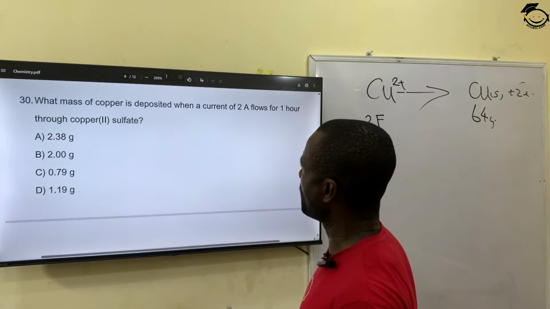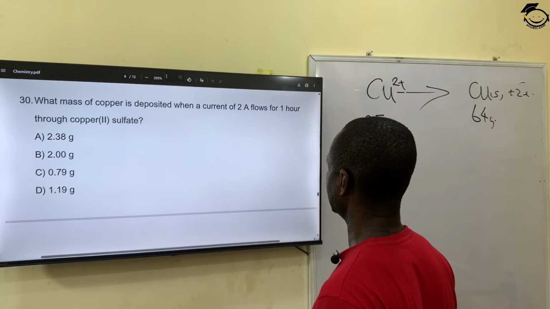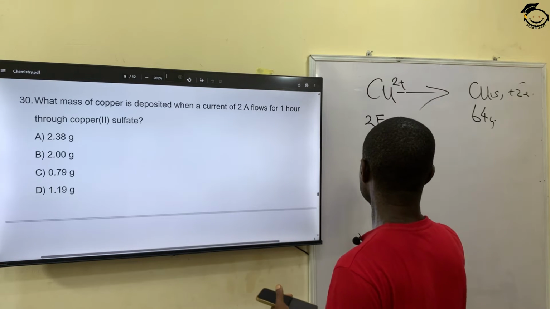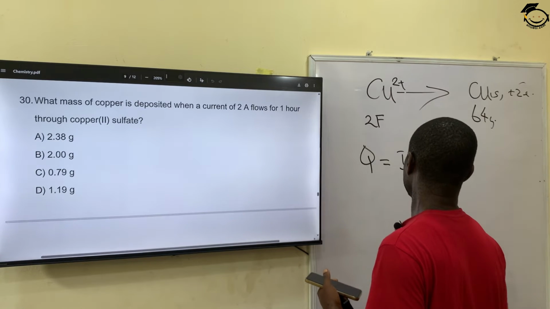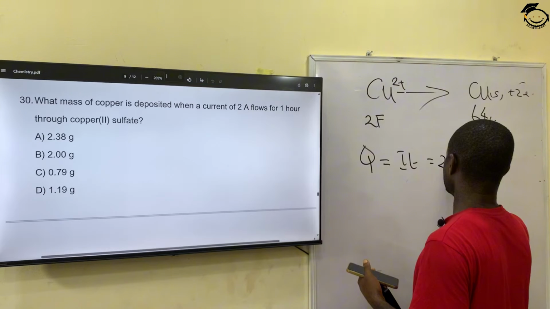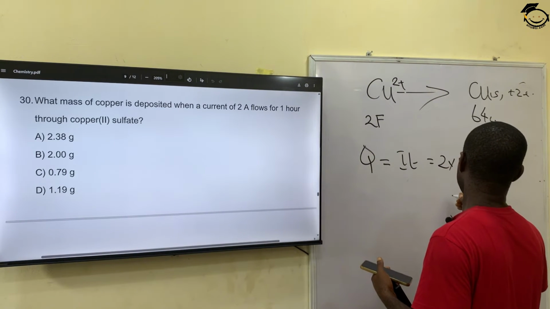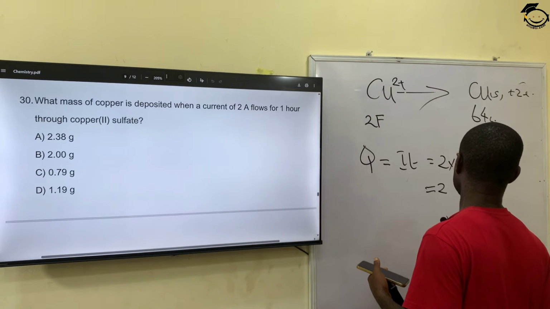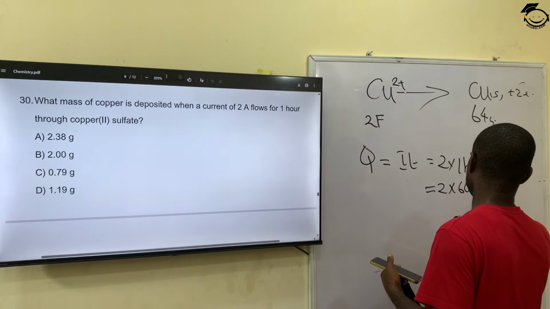So what mass of copper will be deposited when a current of 2 amperes flows for 1 hour? The quantity of electricity is equal to I times T. The current is 2, times 1 hour, which can be converted to seconds: 2 times 60 times 60.